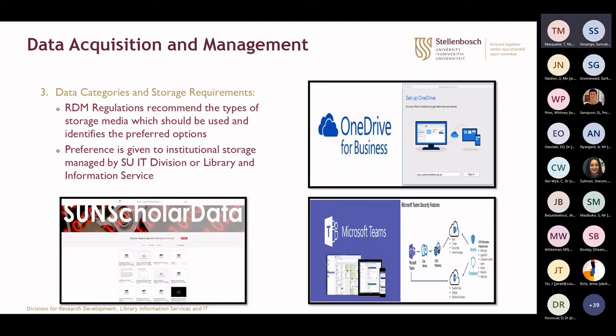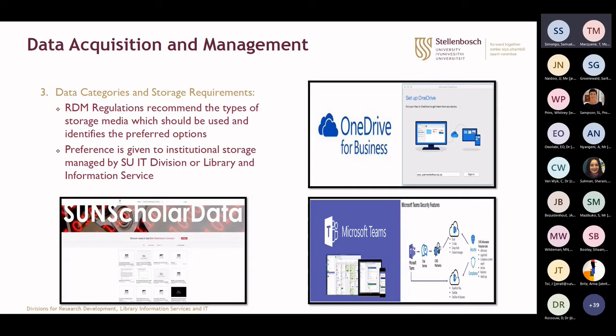Now, a very important thing that I want to stress relates to the data categories and storage requirements that are outlined in the RDM regulations. The regulations stipulate, or rather they recommend, the types of storage media which researchers should use, and they identify the preferred options. So mainly researchers are not advised to make use of portable storage.